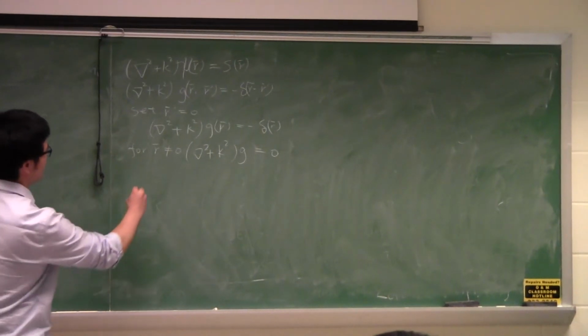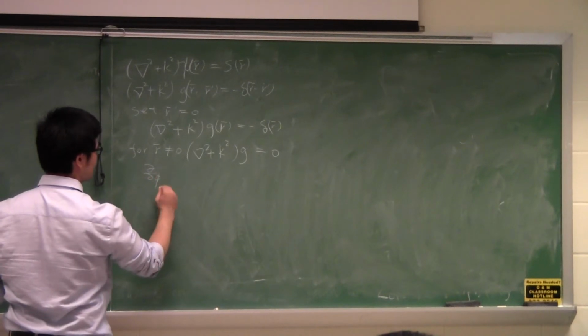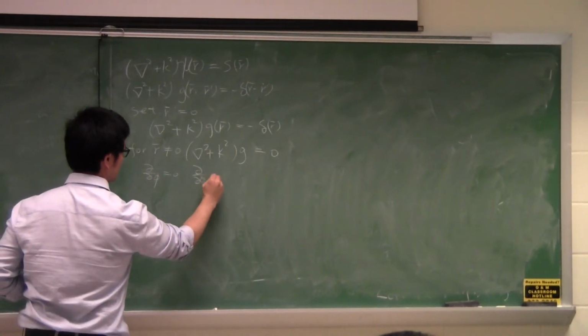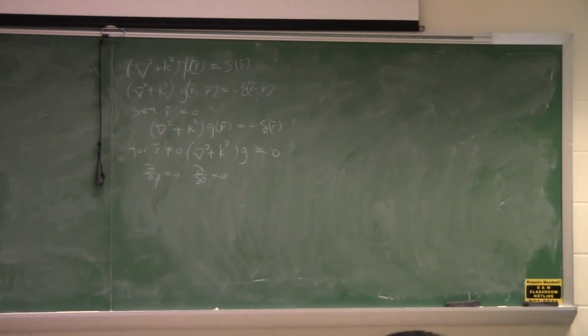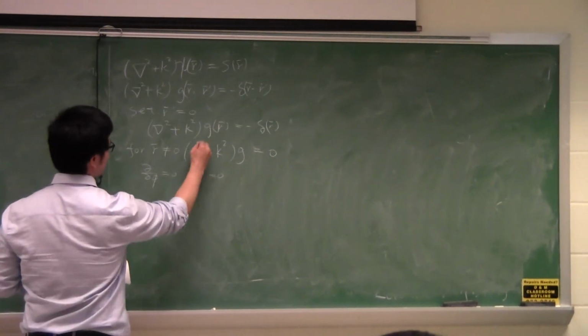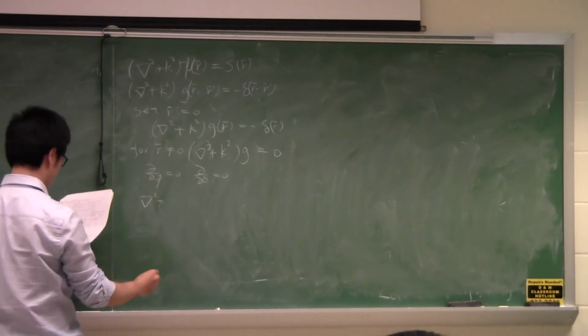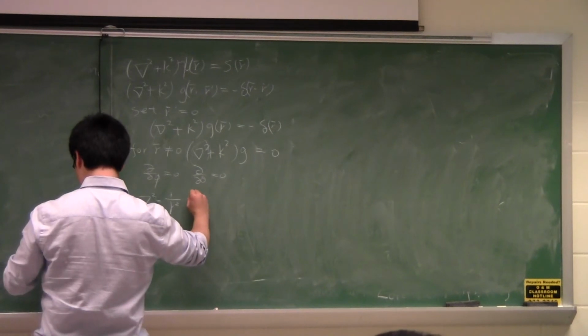In this way, the partial phi and the partial theta in the Laplacian will both go to 0. And then the Laplacian in spherical coordinates will just become this. You can always look it up in the table.